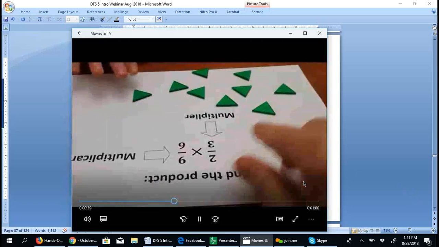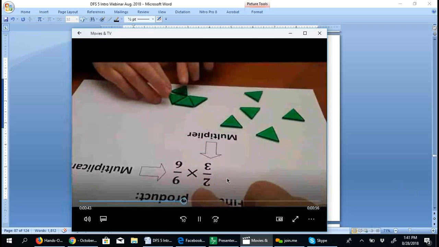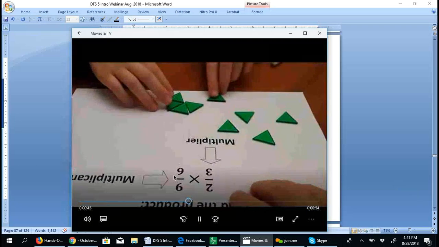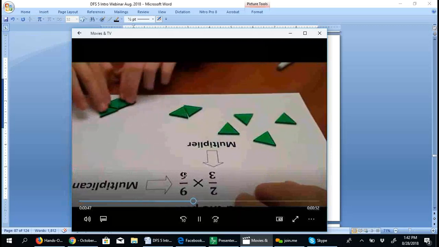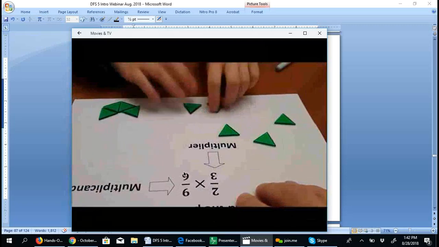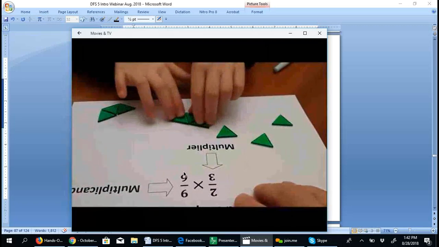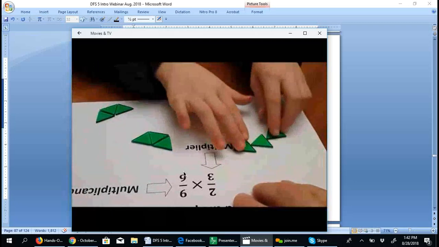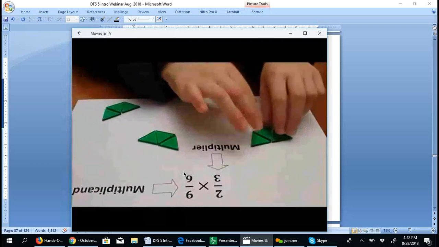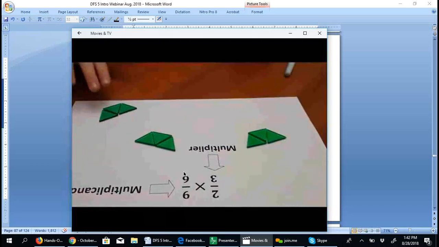Good. In order to find 2/3 of 9/6, we need to partition the 9/6 into 3 equal parts. She's trying to separate the 9/6 into 3 equal parts. Okay, finally she's getting it. Show me 1/3 of 9/6.